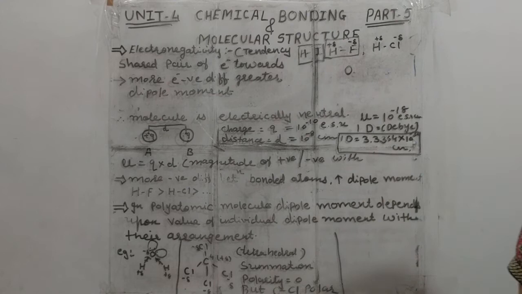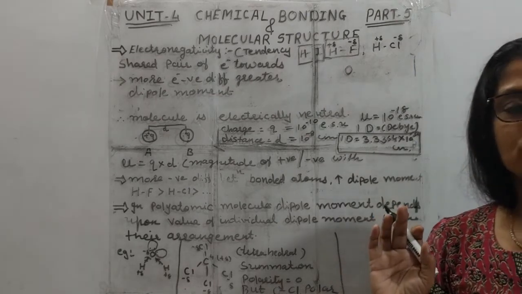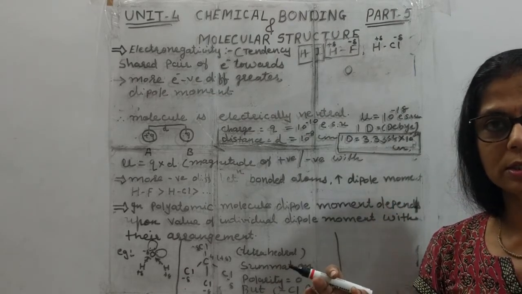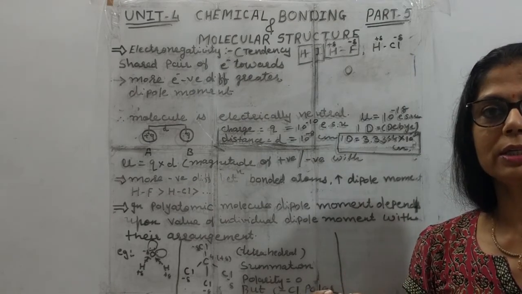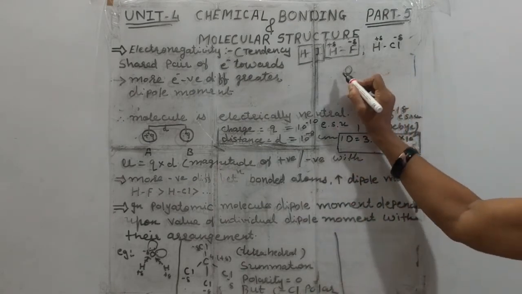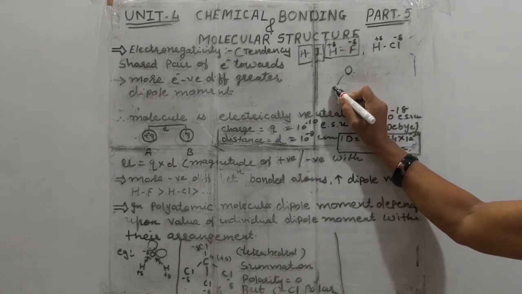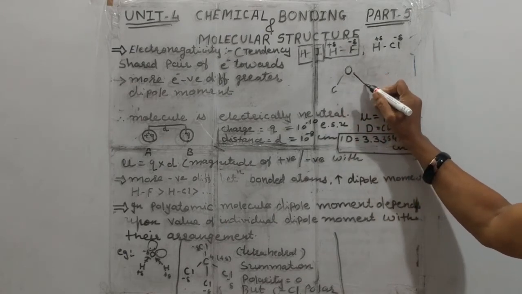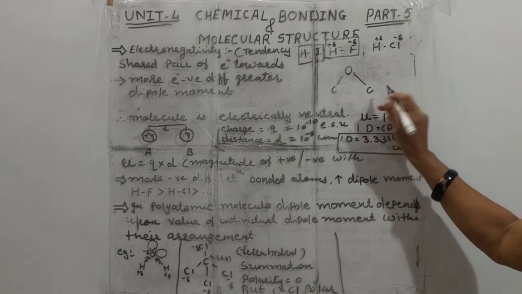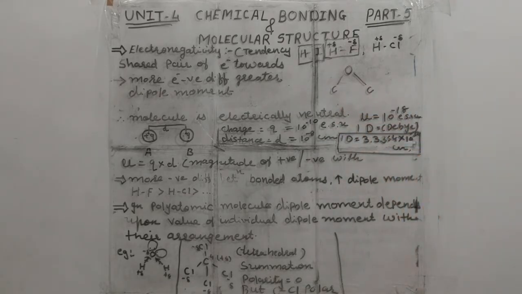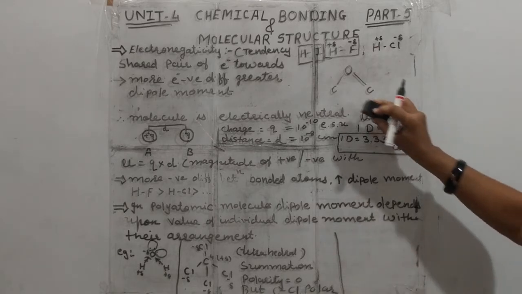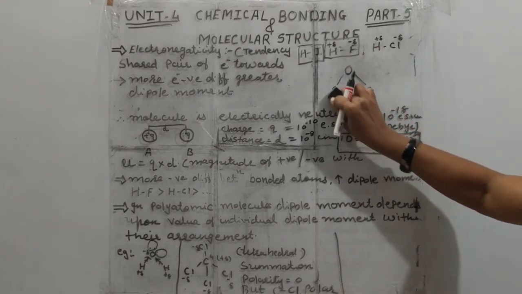You have to keep in your mind while drawing the structure, always the central atom will be more electronegative than the other. So here oxygen is bonded with the carbon. Now carbon is having the partially positive charge, or if we take the example of H2O also.